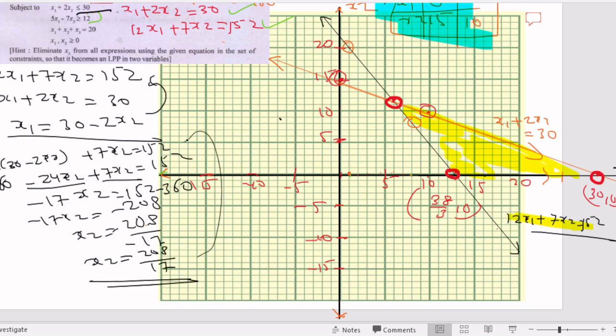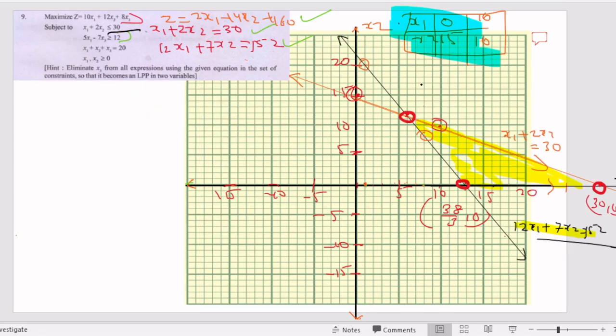Substitute x2 in this equation to get x1. So x1 will be 30 minus 2 into 208 divided by 17. 17 3s are 510, minus 416, divided by 17, so 94 divided by 17. So the coordinate of this point will be 94 by 17, 208 by 17, that is x1 comma x2.